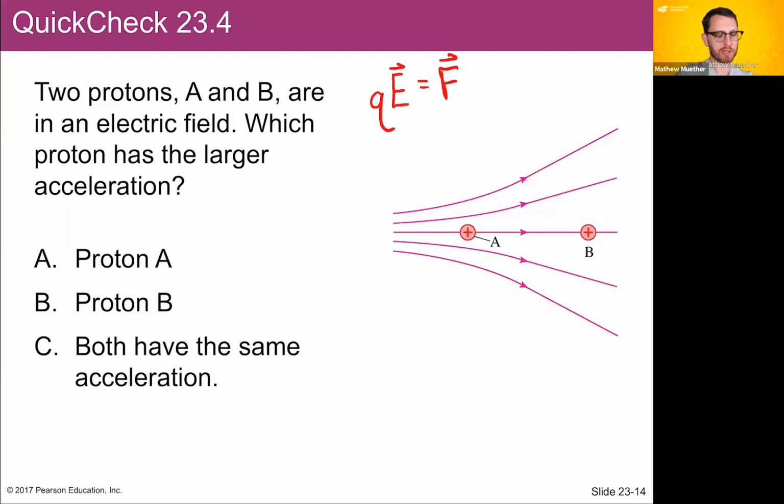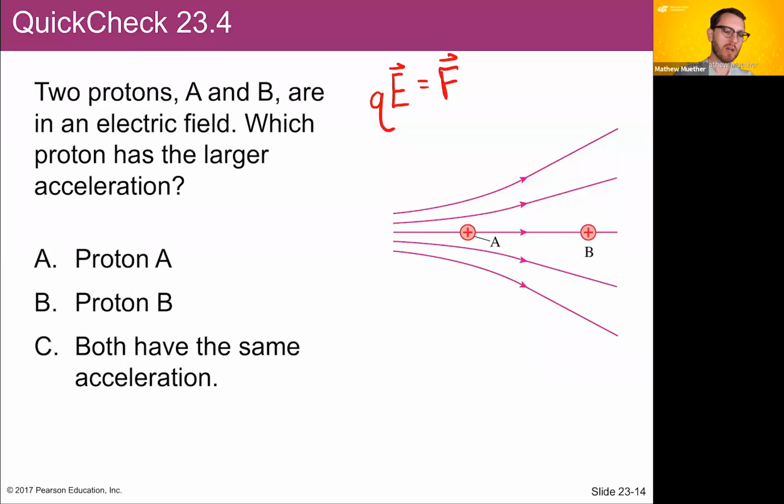So here's a picture. Let's just say we see some interesting electric field visualized in this picture by those electric field lines. These pink lines to the right are showing the direction of the electric field.